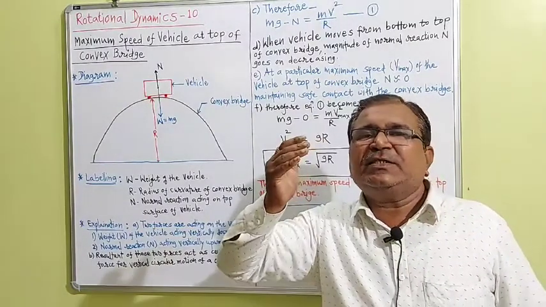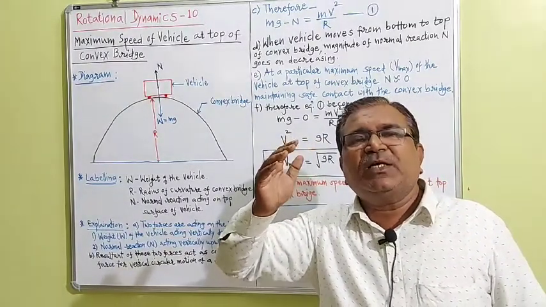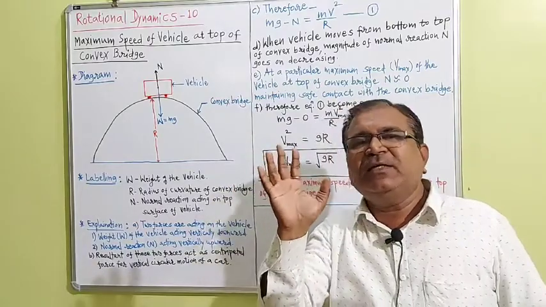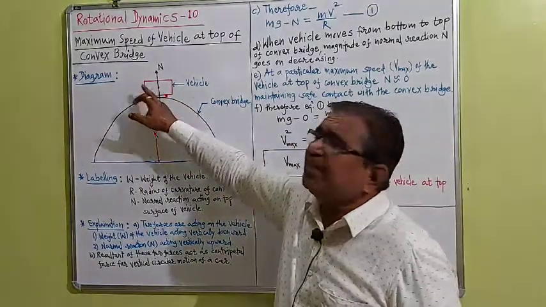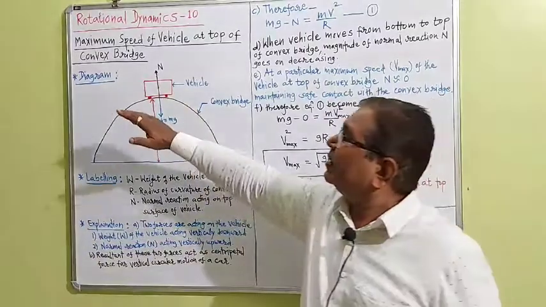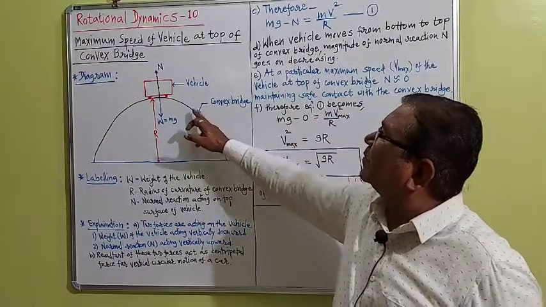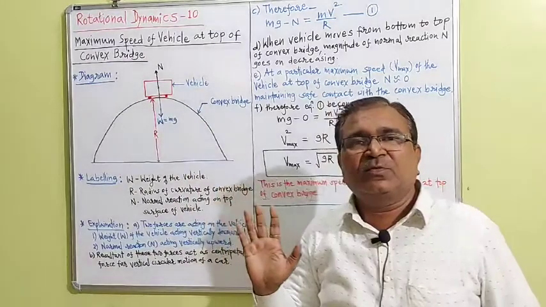If the speed becomes greater than a certain maximum speed, then there may be a possibility of the vehicle jumping off the surface of the convex bridge.